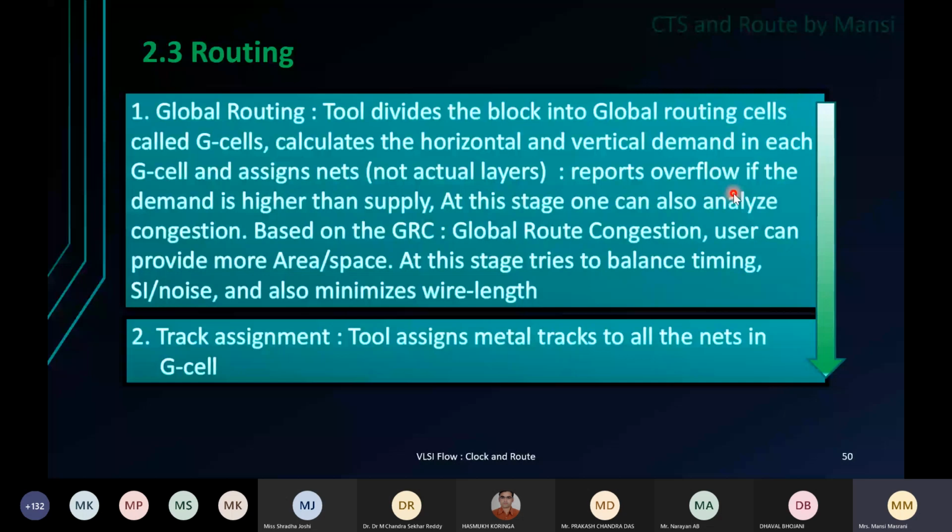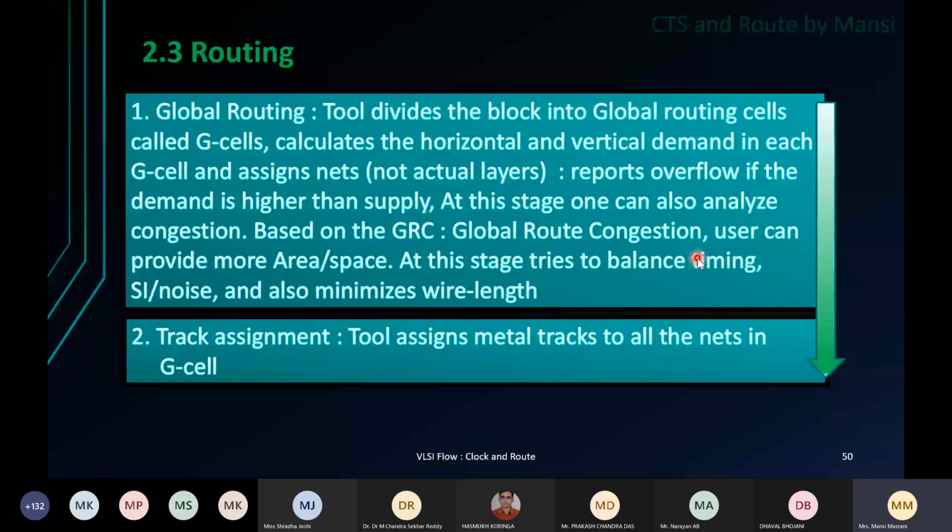Now there is a utility in each and every tool called the global route congestion map, in which the user can see that this is the space shown in red color. That means it does not have enough routing resources, and what the user has to do is provide more area or space.